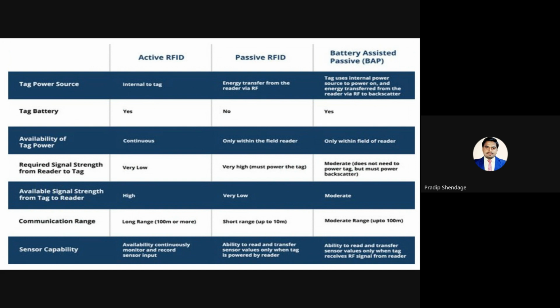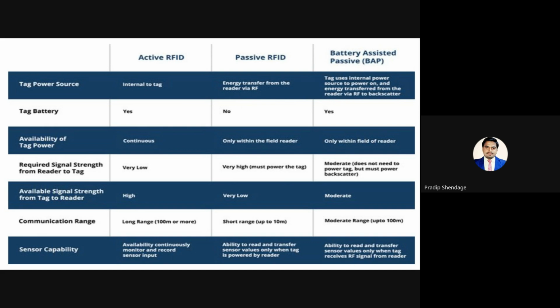Here the tag power source is internal to the tag in active, but in passive, energy is transferred from the reader via radio frequency. In the case of battery assisted passive, the tag uses an internal power source to power on, and energy is transferred from the reader via radio frequency to the backscatter.